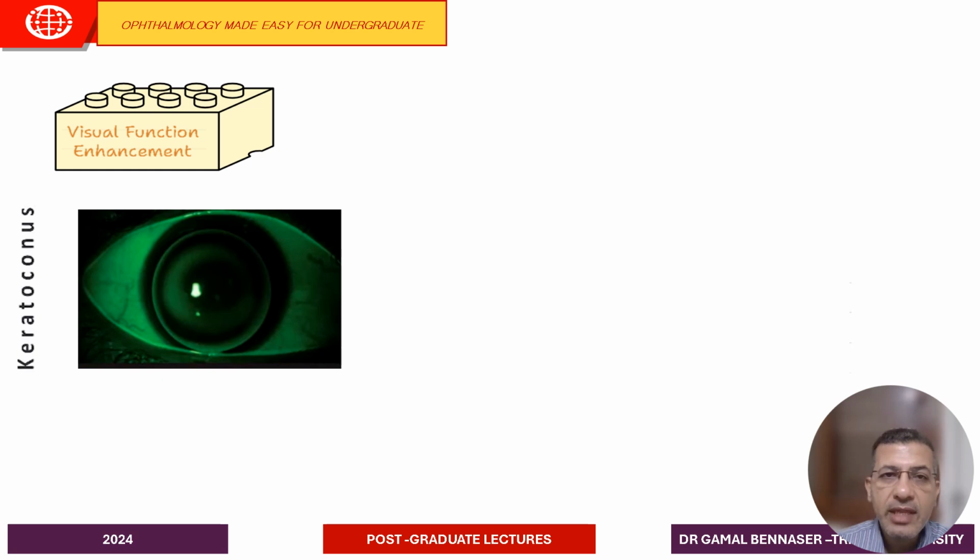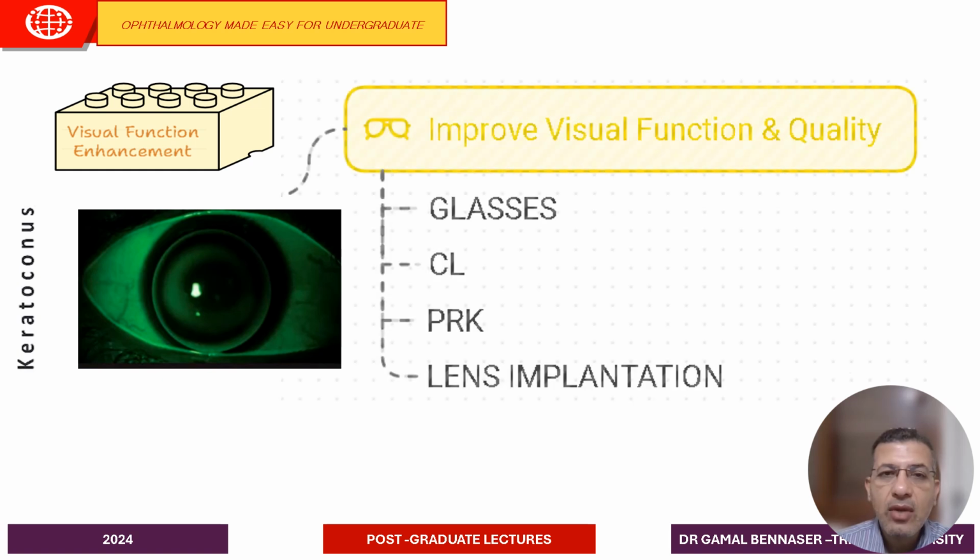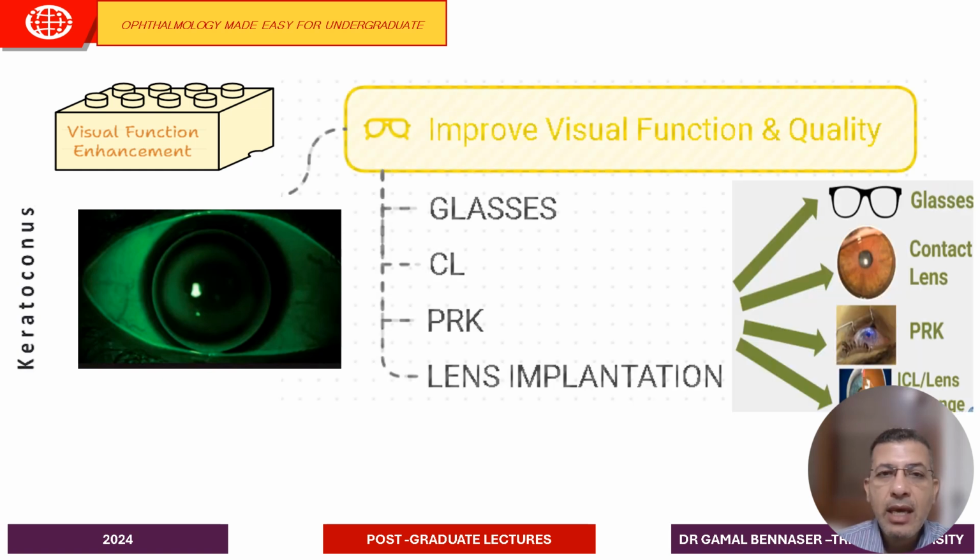We have different types of weapons with which we can fine tune the visual function of the patient, including the use of hard contact lenses. There are very different types of contact lenses like the hard contact RGP or the scleral contact lenses or the hybrid lenses and many other types.